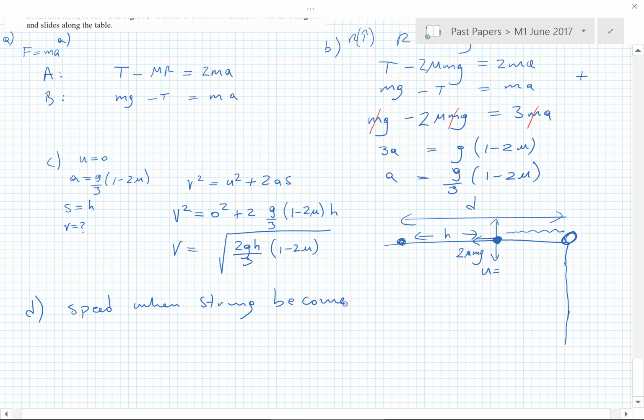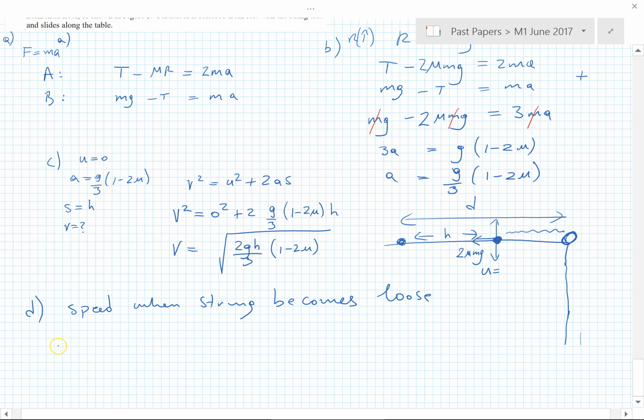Well, that's going to be equal to whatever this is, because whilst it's moving from here to here, it's accelerating, and it's ended up with this velocity, and that will be the velocity it will have gained when it's got to this point when the string becomes loose, because this bit's hit the ground.